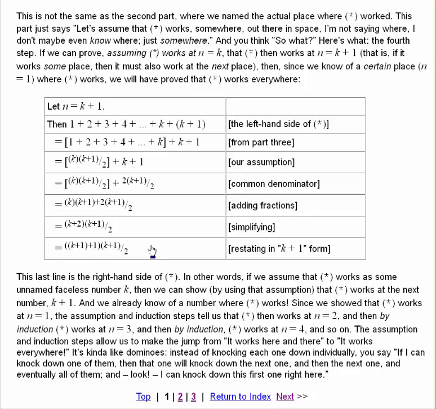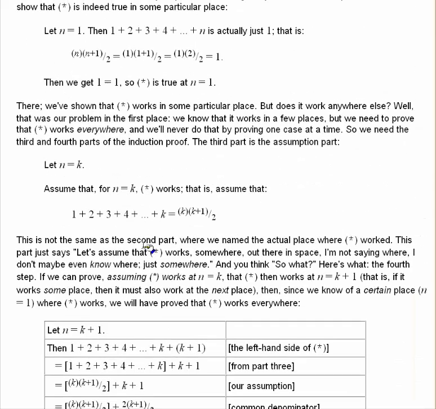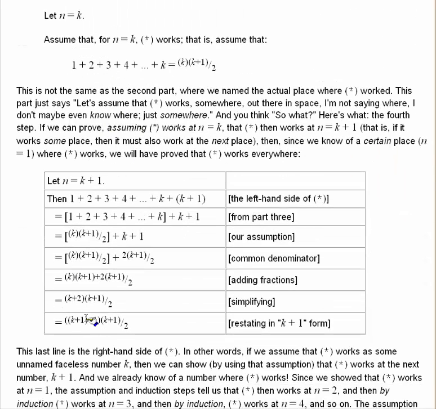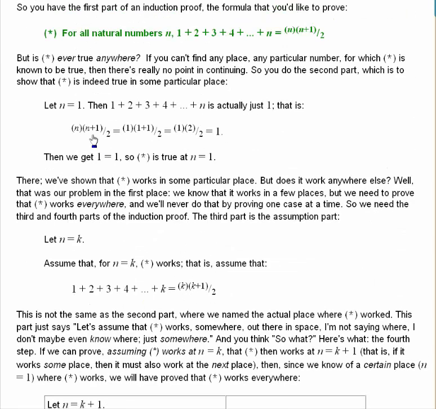Now notice what I have here. My formula in star was n times n plus 1 over 2. Now what I have here is k plus 1 times k plus 1 plus 1 over 2. This formula is exactly the same thing as what you get when you plug in k plus 1 for n. Look at this formula.